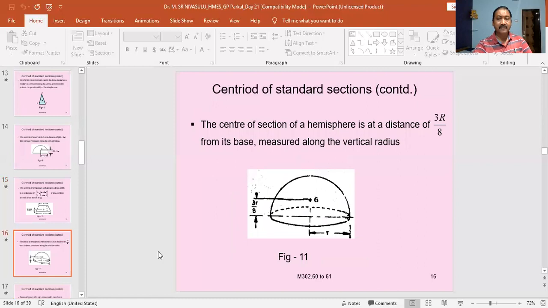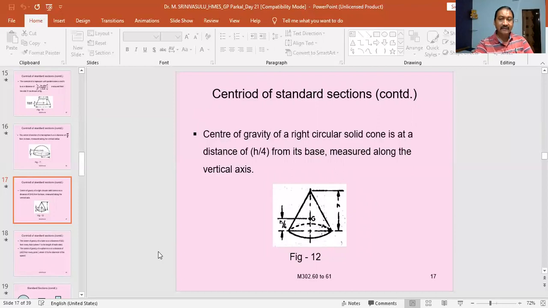And for the hemisphere, it is also symmetrical about the y-axis, and the y coordinate is equal to 3 by 8 into r, where r is the radius of the hemisphere.